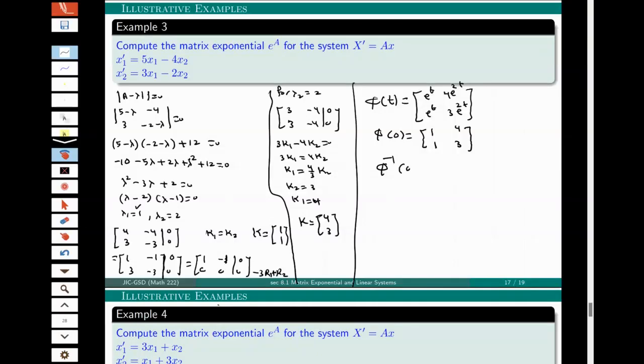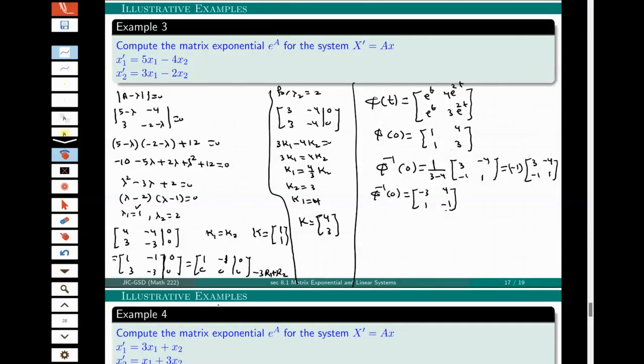The inverse at 0 will be 1 over the determinant 3 minus 4, and swap and negate. So that will be 3 minus 4, it's minus 1, times 3 minus 4, minus 1 and 1. So phi inverse at 0 becomes minus 3, 4, 1, minus 1. That's our inverse. Okay?